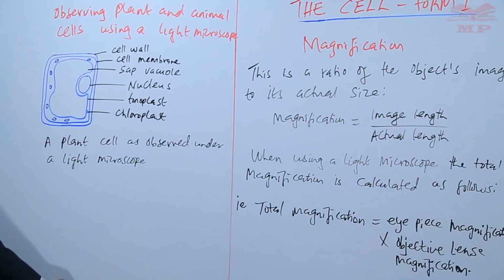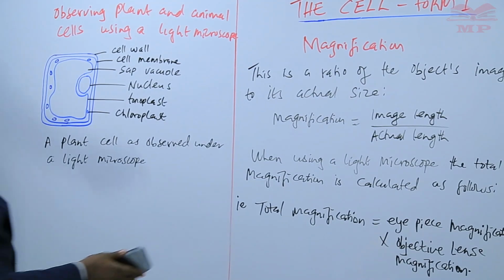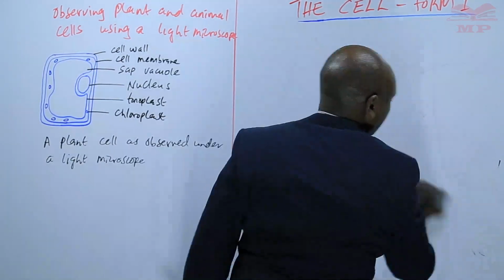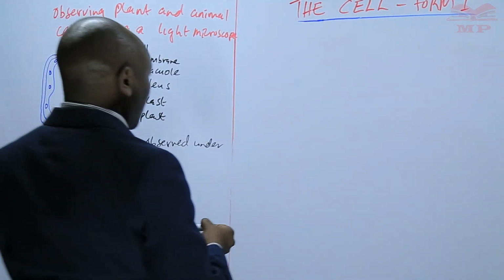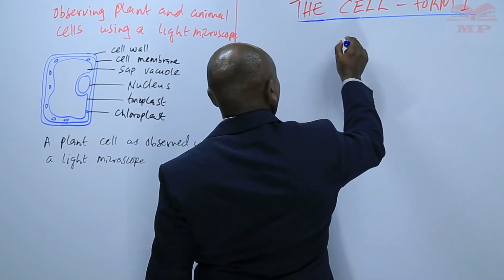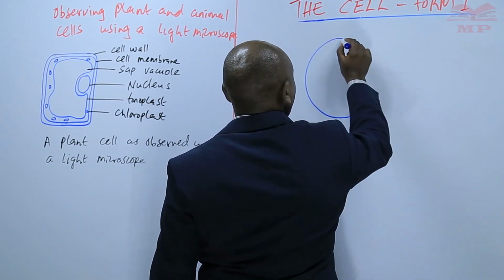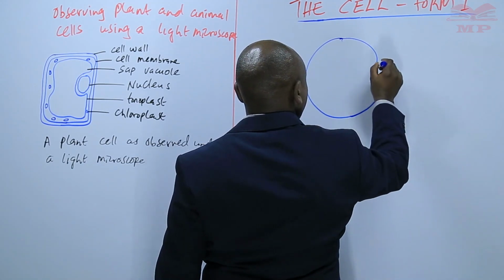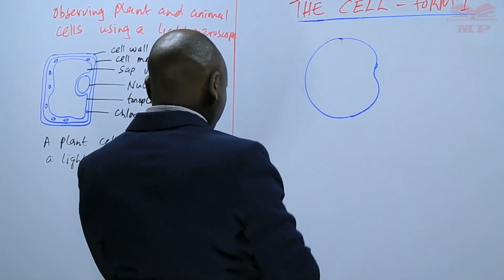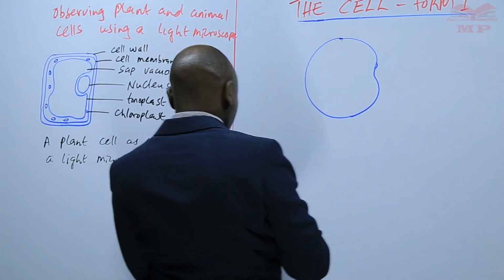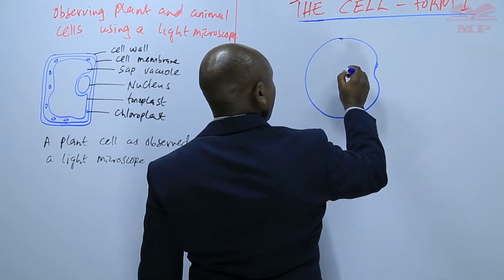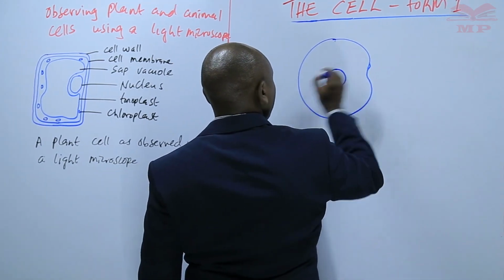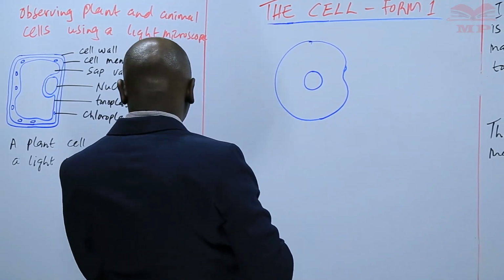When it comes to the animal cell, we observe the nucleus that is central.